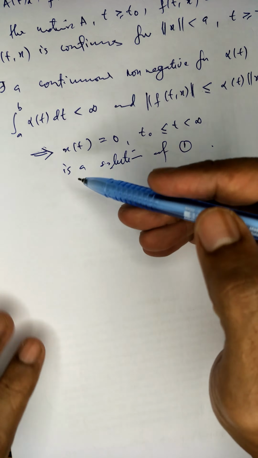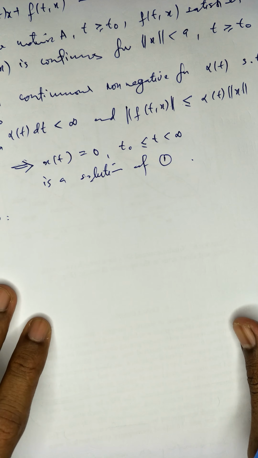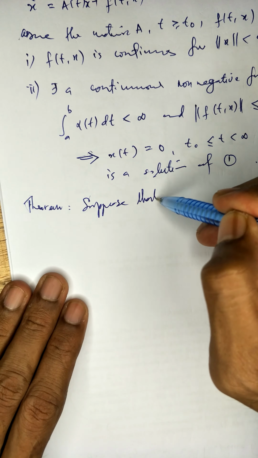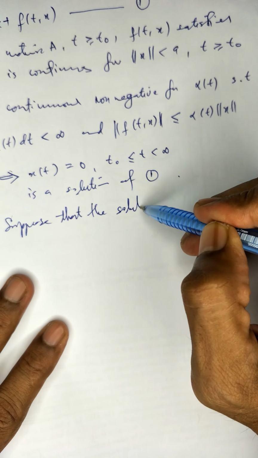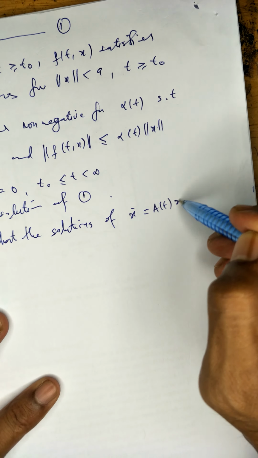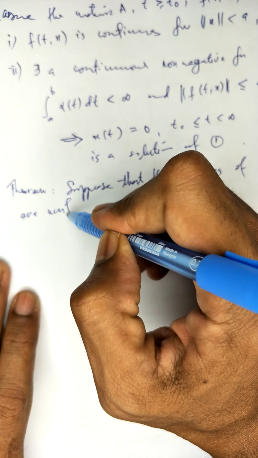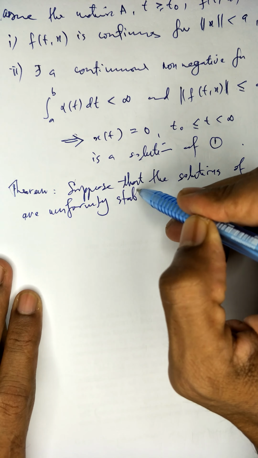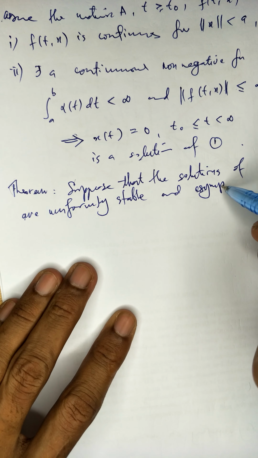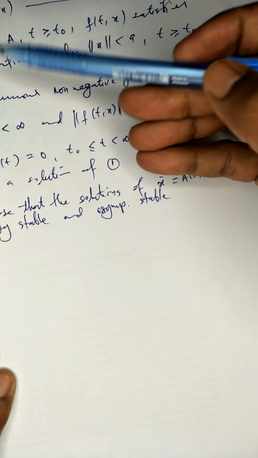Okay, now let's prove the result. So we have a theorem. Suppose that the solutions of x dot equal to A(t)x are uniformly stable and asymptotically stable, and f satisfies conditions 1 and 2 here.